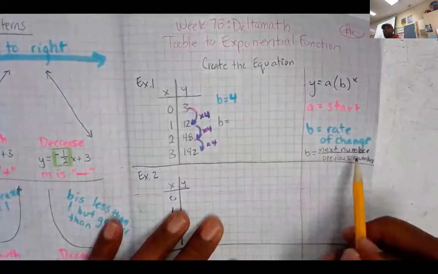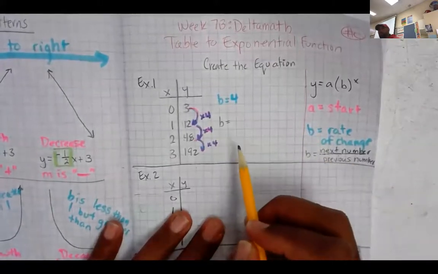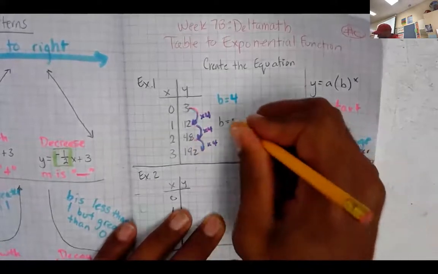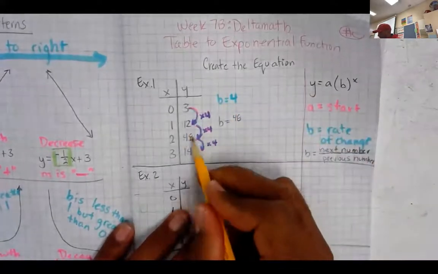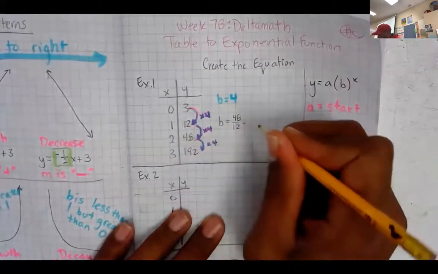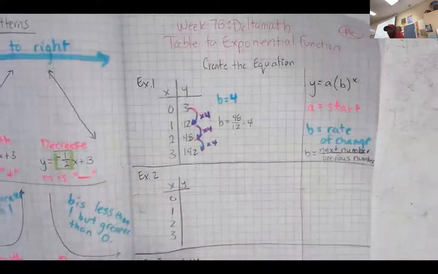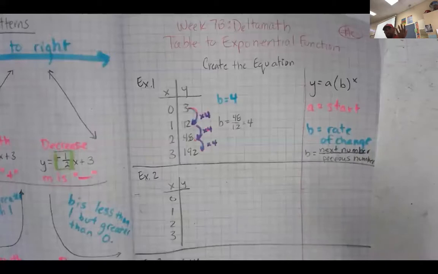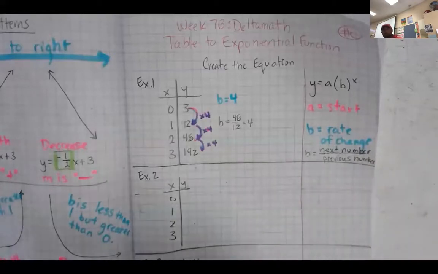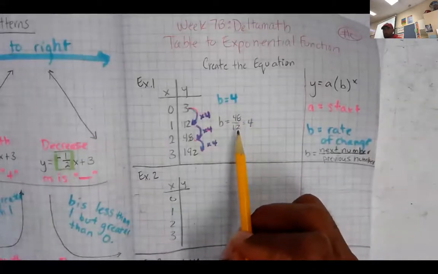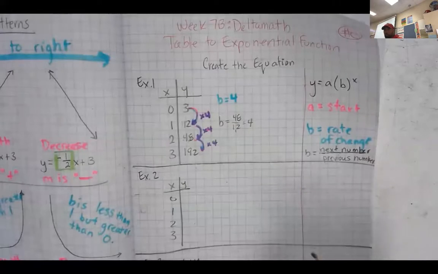So the next number divided by the previous number. So what do I mean by that? Let's say I choose 48. I take 48, that's the next number, and divide by the one before, 12. And that will also give me 4. So if the numbers are really big, or maybe they're decimals or fractions and they're hard to recognize, take the number after and divide it by the number before. Okay, so there's your B, right?